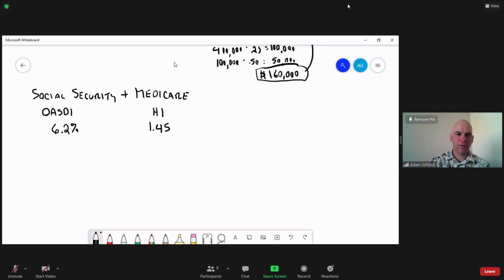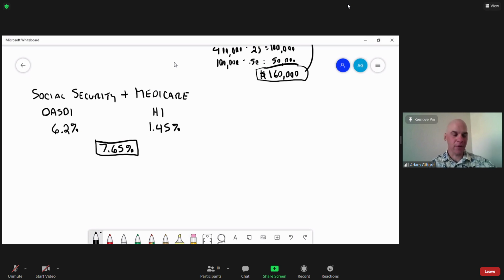Correct, 1.45%. Add those two together, and you pay a total of 7.65% in addition to your federal income tax.